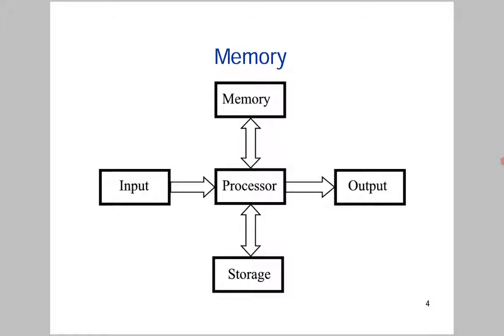The processor is the central component, the central nervous system of a computer. All the other components are directly connected with the processor to transfer data and information to and fro: input devices, output devices, memory and storage unit. These four components are directly connected with the processor.